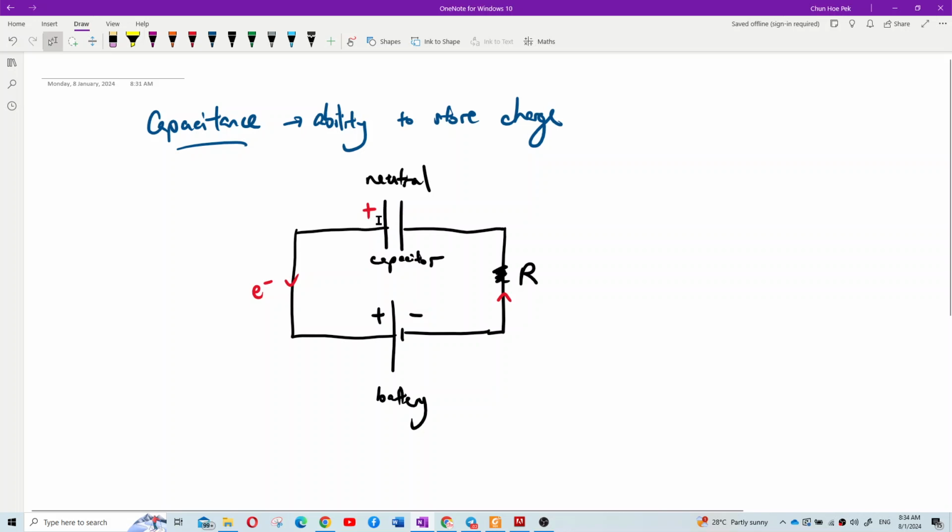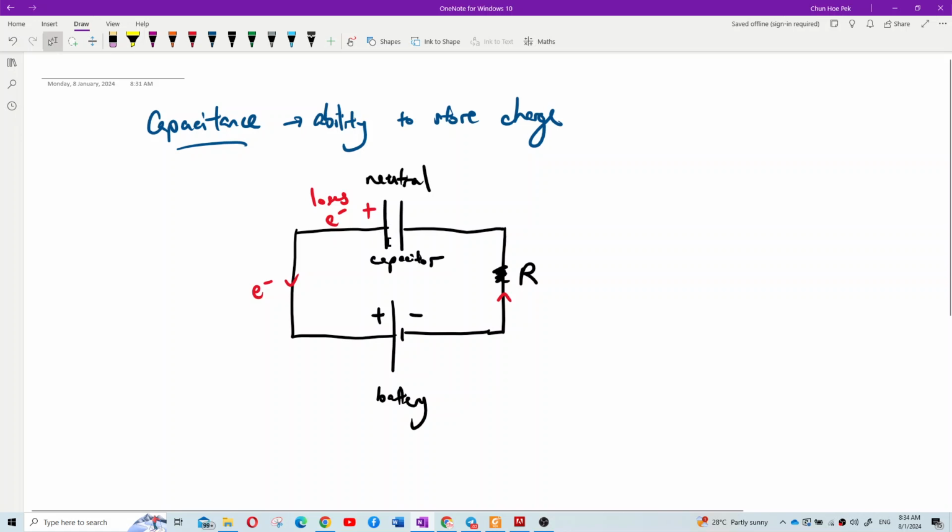Why does this plate become positive? Because it loses electrons. The electrons are pulled to the positive terminal. So this plate has already become positive.